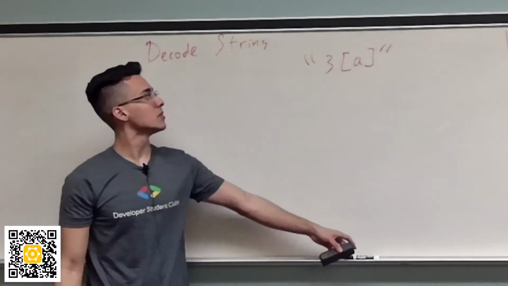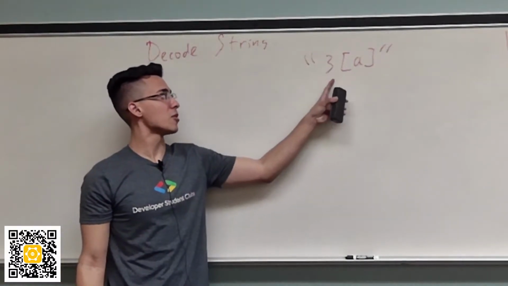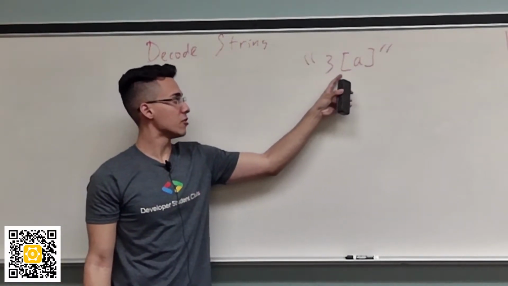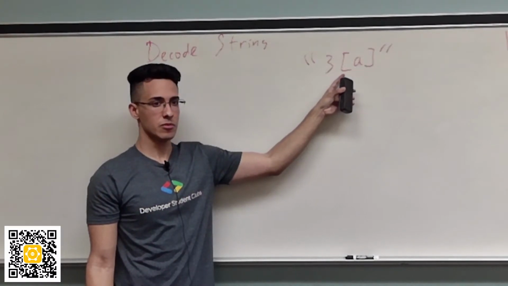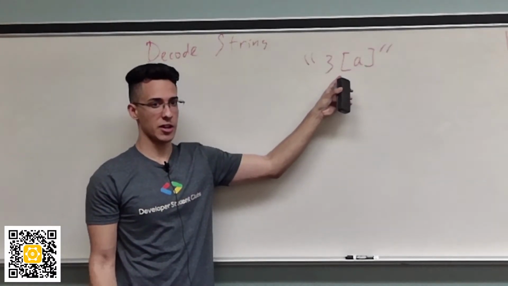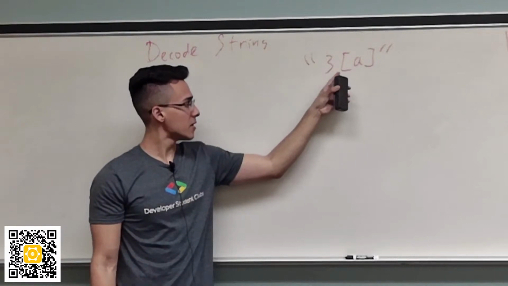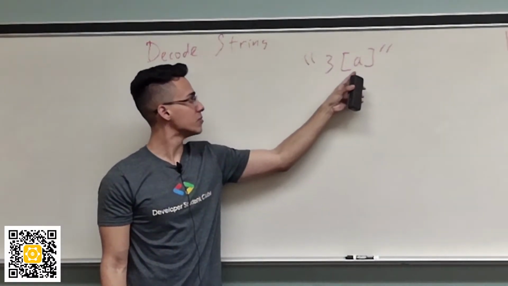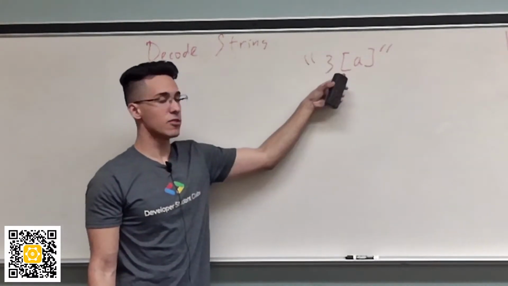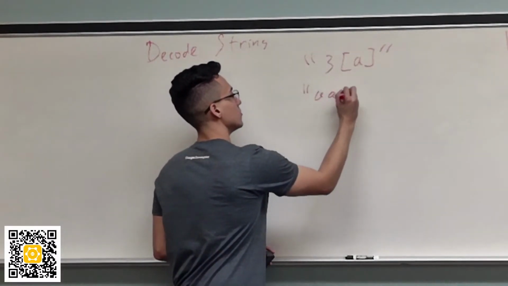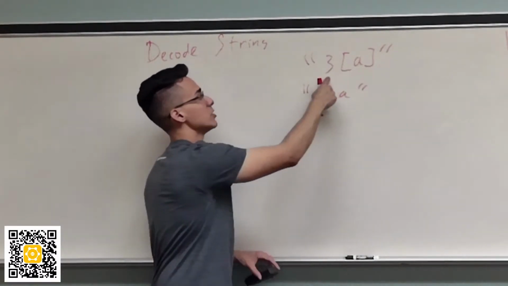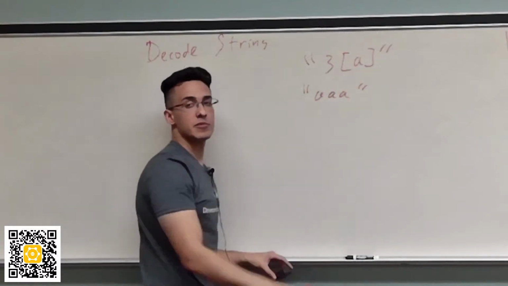This string has this number, and this number has a square bracket that surrounds another string. And the point is that this actually returns this. This number tells you how to repeat what's inside.